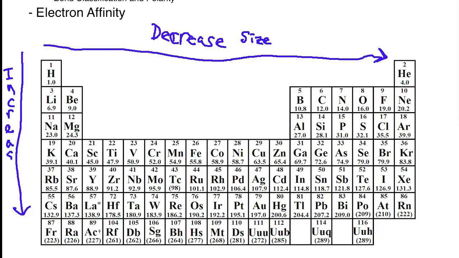Alright, so let's knock the easy one out first. Why do we increase in size as we go down the periodic table? In other words, why is hydrogen smaller than lithium, and lithium smaller than sodium, and sodium smaller than potassium, and so on and so forth? Well, the answer is that we are adding additional shells.